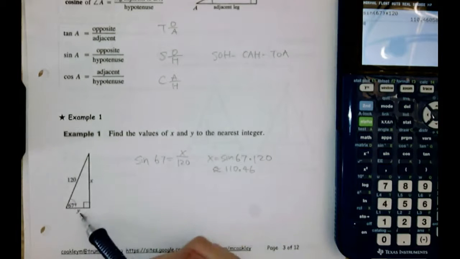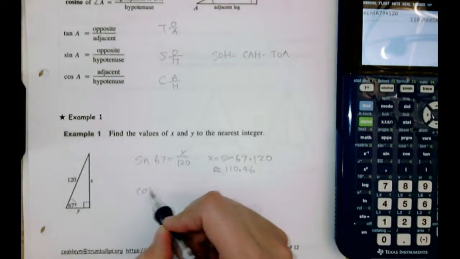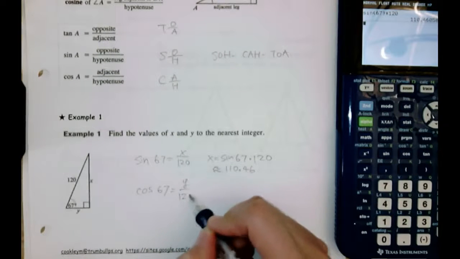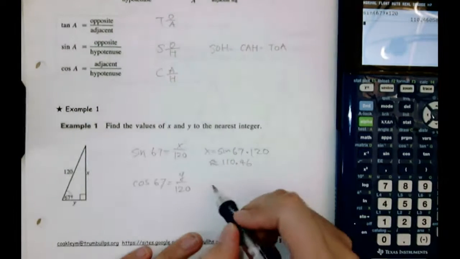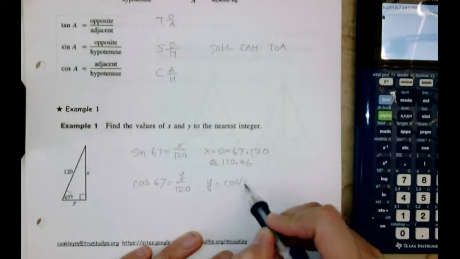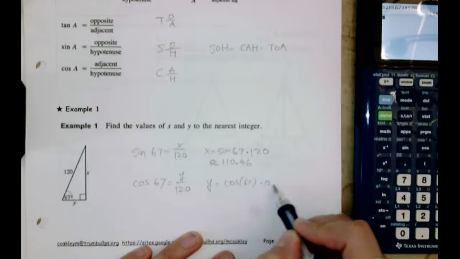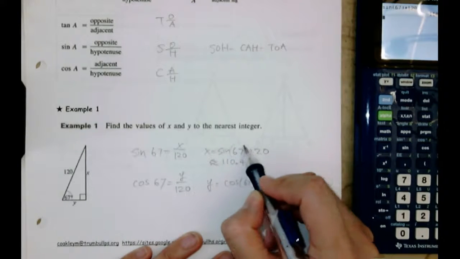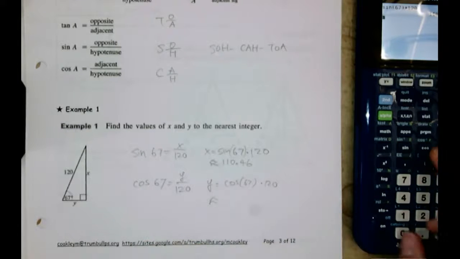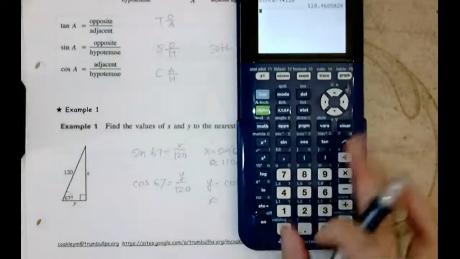And to get to y, you can use cosine of 67 is y over 120, right? So then y is cosine of 67 times 120. Usually we put these in parentheses. So cosine is next to the sine right here.